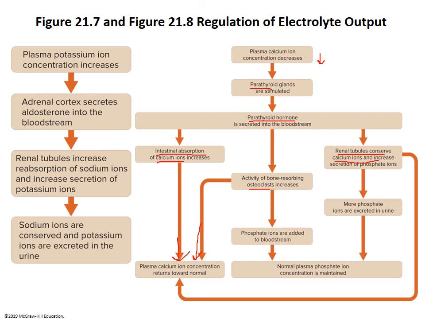And it's also going to, now see what happens here, calcium in bone is called calcium phosphate, right? And so when it's released, we want to absorb the calcium, but we need to get rid of phosphate. And so that's how the parathyroid hormone is working. I hope that makes sense.